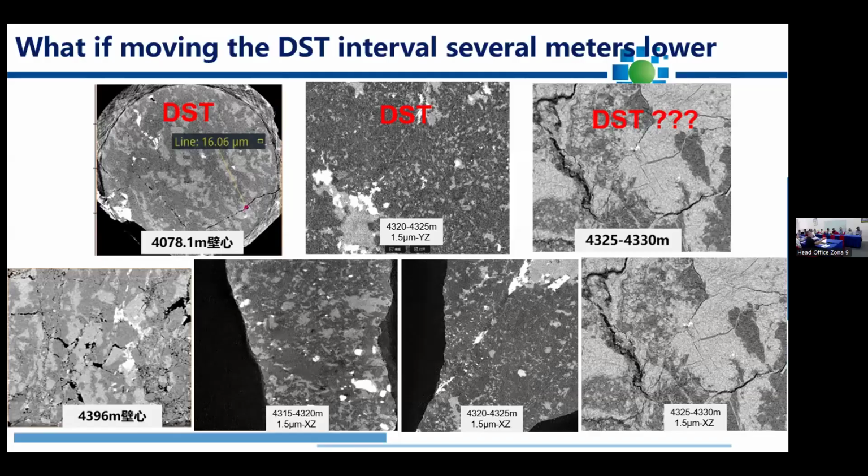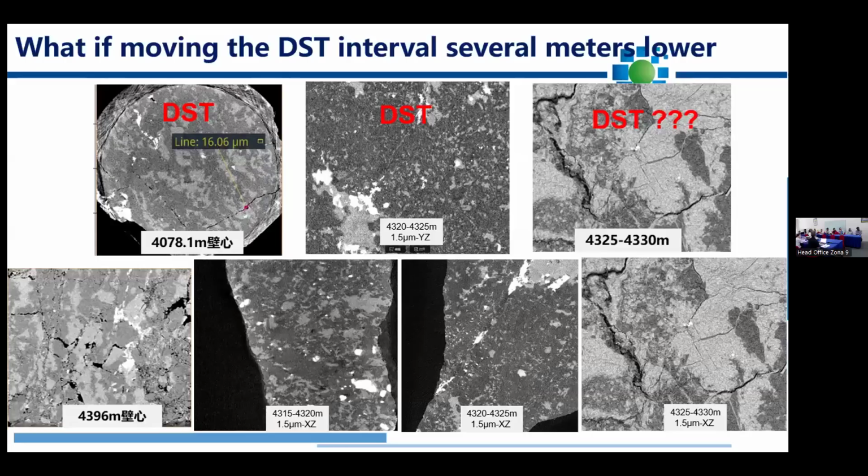Then we did the cutting analysis for them on this sample. The depths are all deeper than this one. Then I asked them, did you consider moving your DST interval a little bit lower? Because obviously the rock quality of this sample is much better than this one.